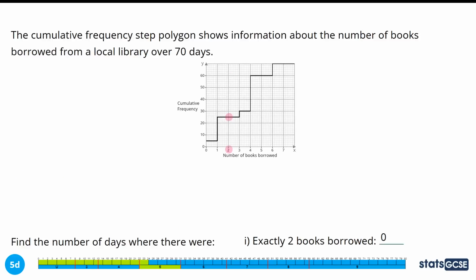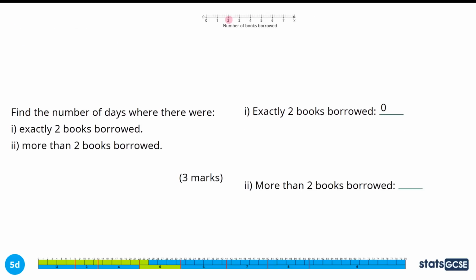For more than 2 books borrowed, we can draw a line across from where we're currently at 2, and it's going to be all of these here. And so it goes up to 70, and we're at 25. So the distance here is going to be 70 take away 25, which is 45. So the more than 2 books borrowed is going to be 45.